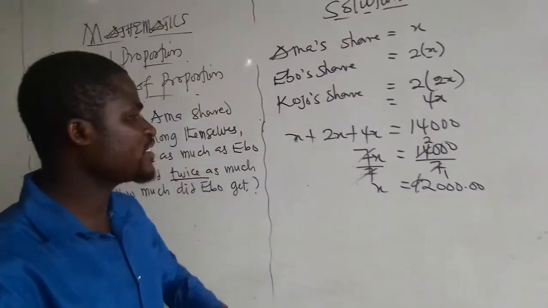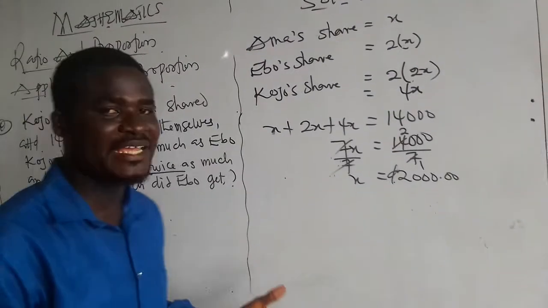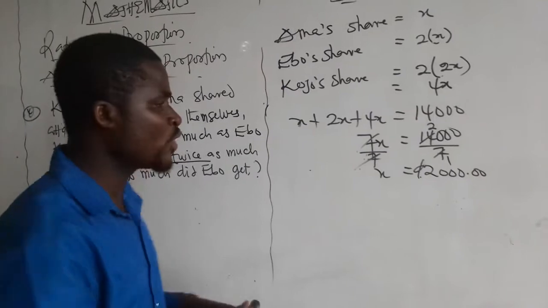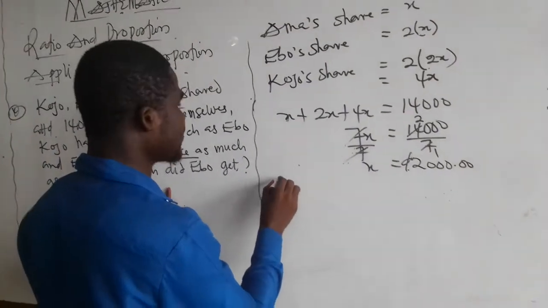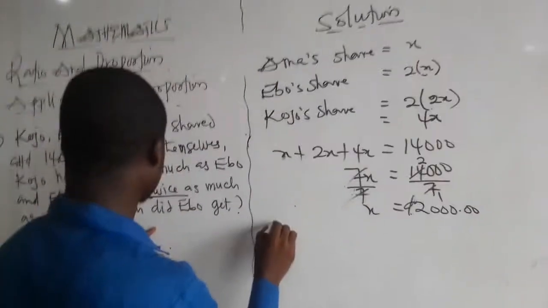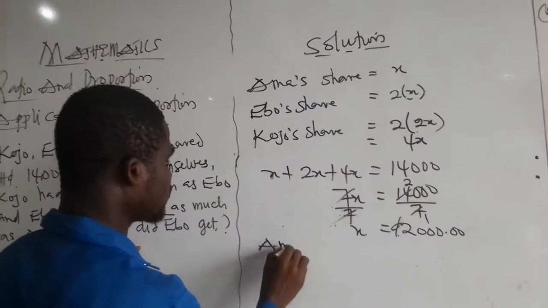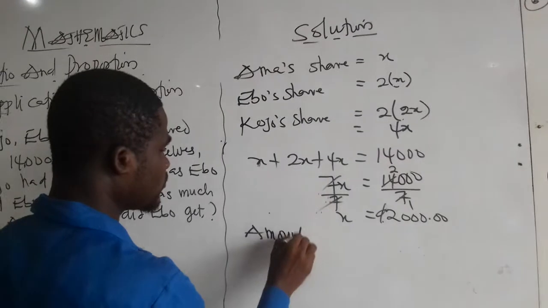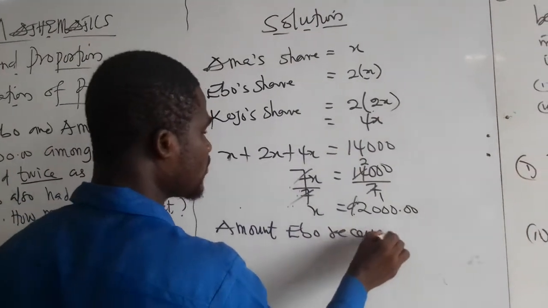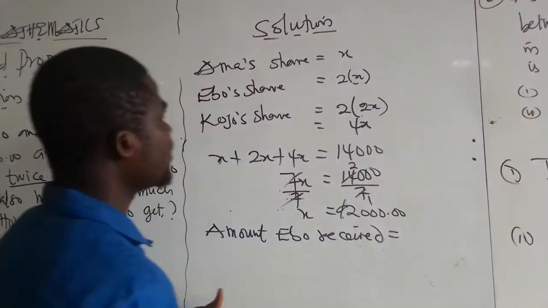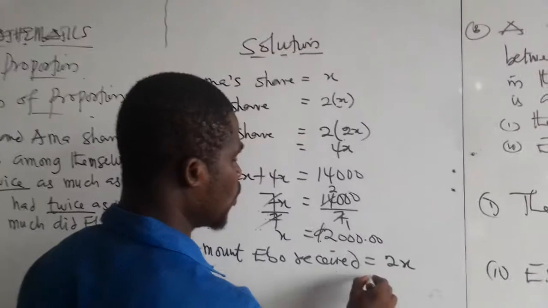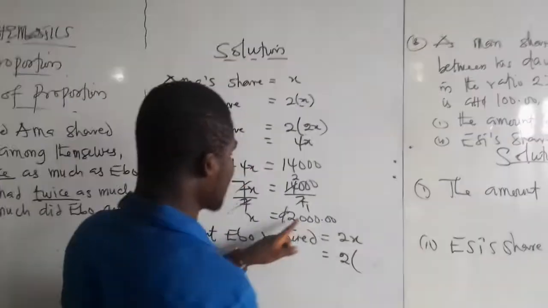Good. The question is not demanding for Amma's share. The question is demanding for Ebo's share. So now let's go and look for Ebo's share. The amount Ebo received is equal to 2X, and we know X to be 2,000.